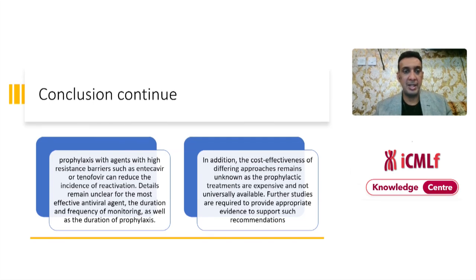Details remain unclear for the most effective antiviral agent, the duration and frequency of monitoring, as well as the duration of prophylaxis. In addition, the cost effectiveness of different approaches remains unknown, as the prophylactic treatments are expensive and not universally available. Further studies are required to provide appropriate evidence and to support such recommendations.